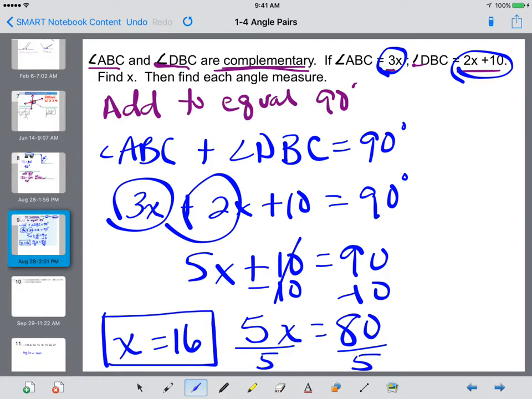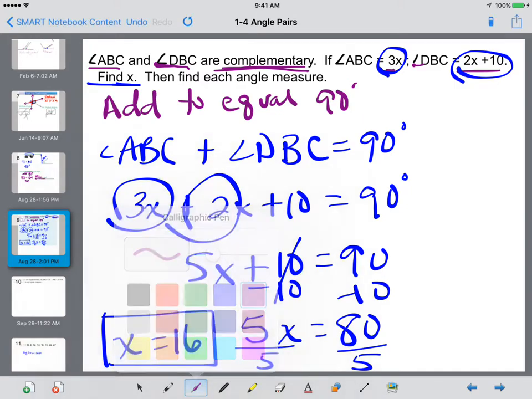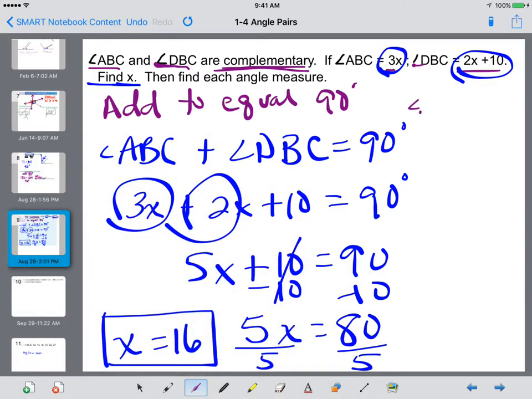So that is what x is. We had to find x. Now we need to find each angle measure. So angle ABC equals 3 times 16. So that would give us angle ABC equals 48.